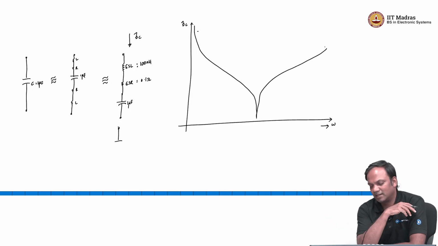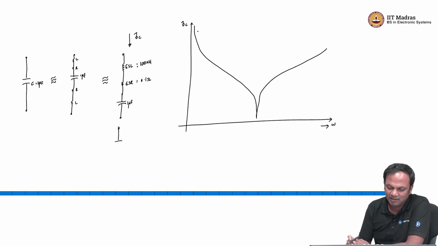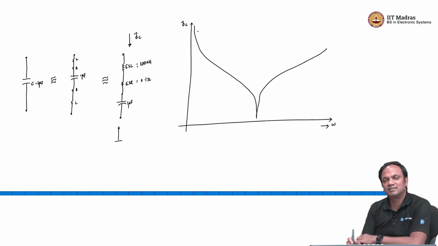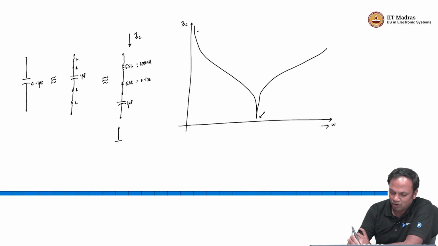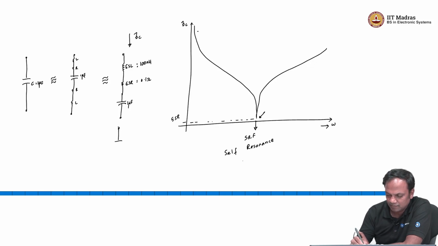Again, pardon my drawing skills, but what you will find is that the impedance will drop all the way to the effective series resistance at the self resonance frequency.